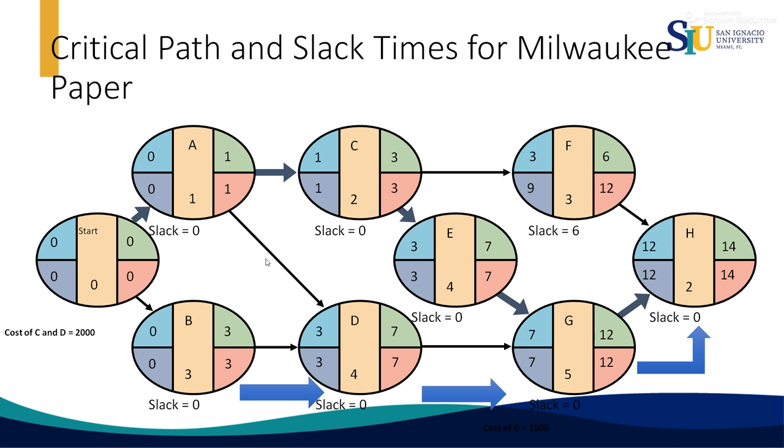And there are now, look at this, 2 critical paths: A, C, E, G, and H, and down here B, D, G, and H. For this activity, you subtract the left side from the right side: 12 minus 12 is 0, 7 minus 7 is 0, there is no slack. Here there is no slack, also here there is no slack.